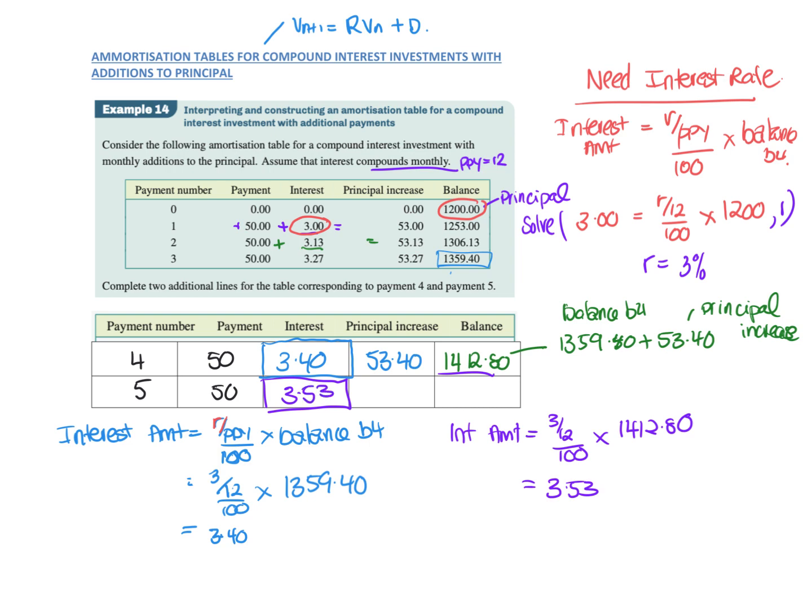This looks good. It's going up, which is what I would expect. Then the principal increase is 53.53, and if you add them up, you end up with 1466.33.